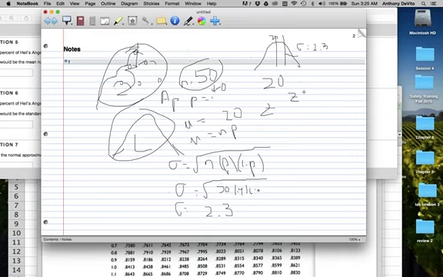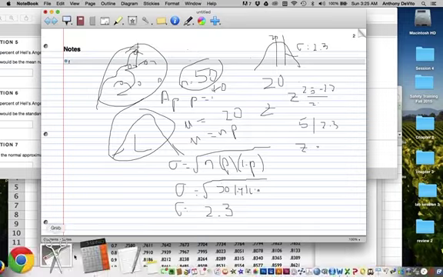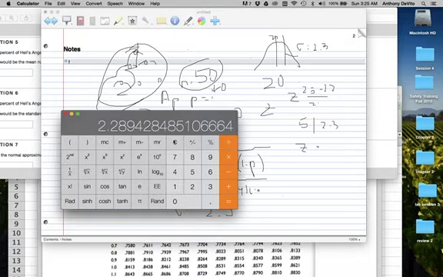The z-score is going to be equal to the value we're interested in, 25, minus the mean, 20, over 2.3. So that's 5 over 2.3. Let's get our calculator back: 5 divided by 2.3 equals 2.17.